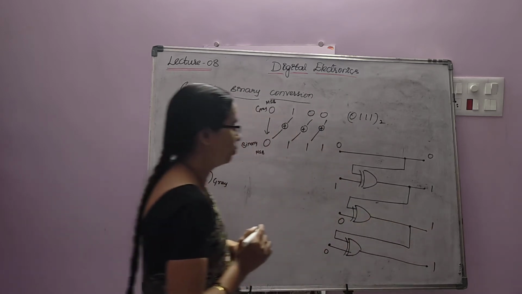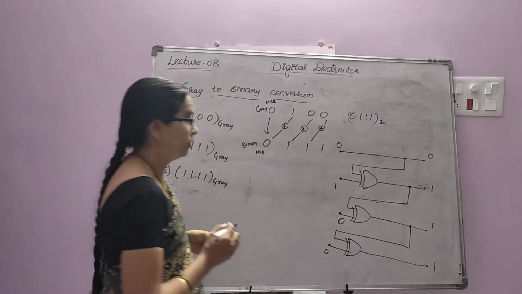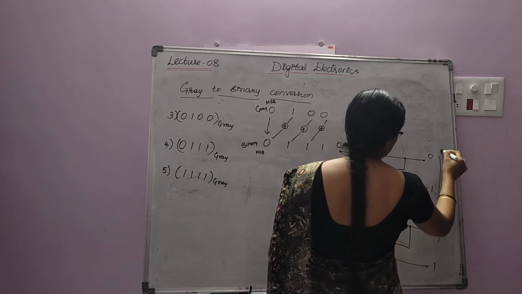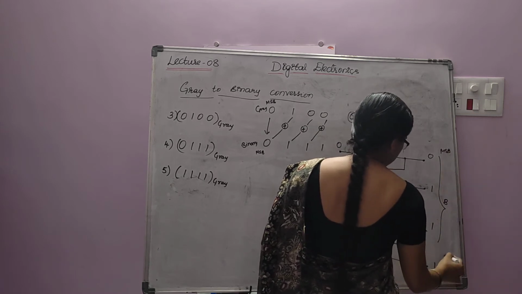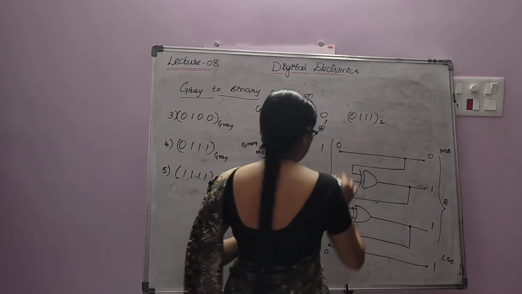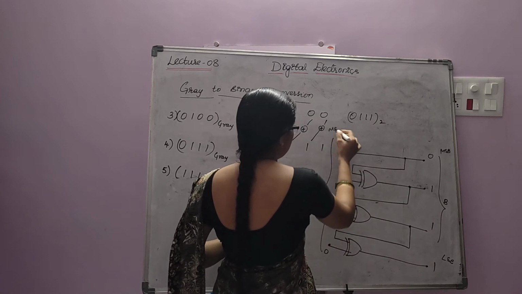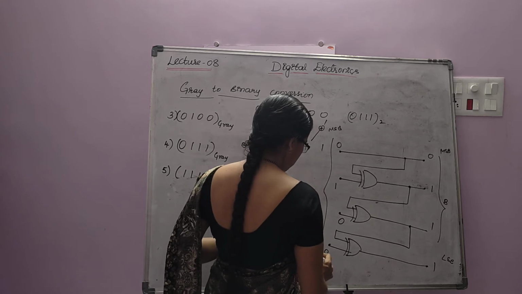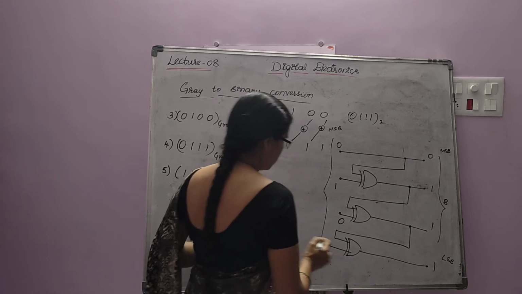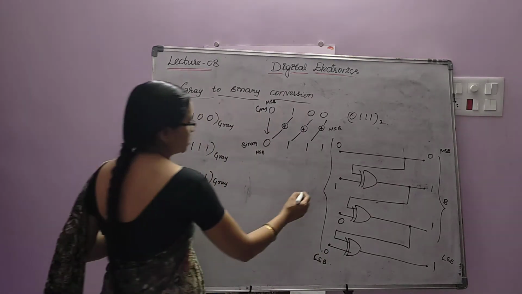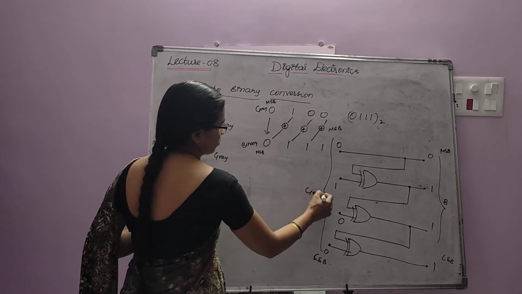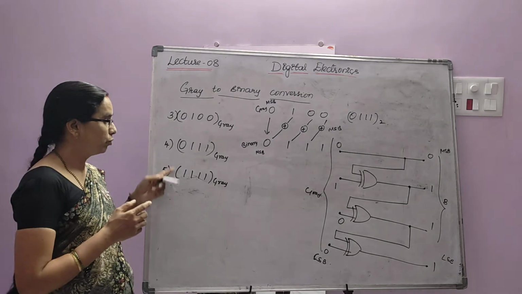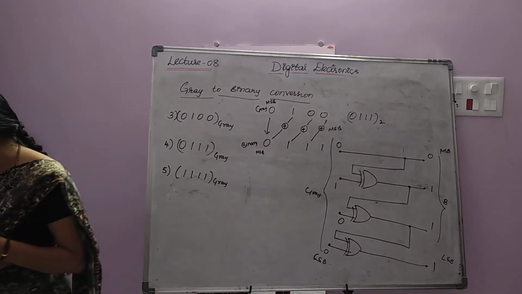So it is 0111 in binary. MSB, LSB, and gray will be MSB is 0 1 0 0, and see that the last 0 is LSB. This is our gray code. Okay. We'll solve 2 more problems.